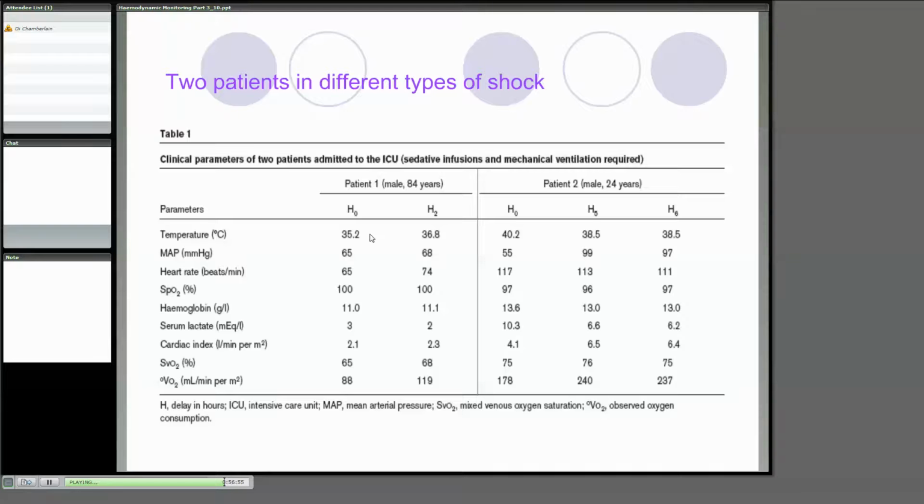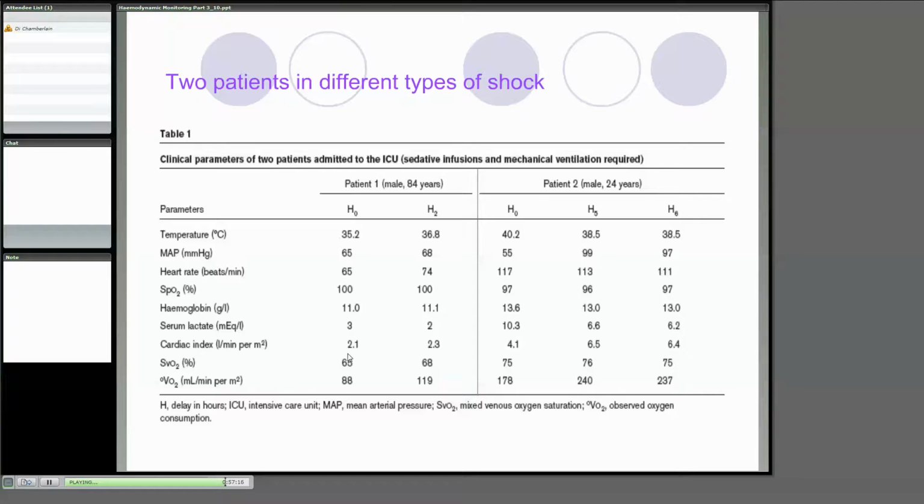And a lot of those patients that present with sepsis often are cold, what's called cold shock. And they're the ones that sneak under the radar, because if you look at those hemodynamics, they're not unremarkable.